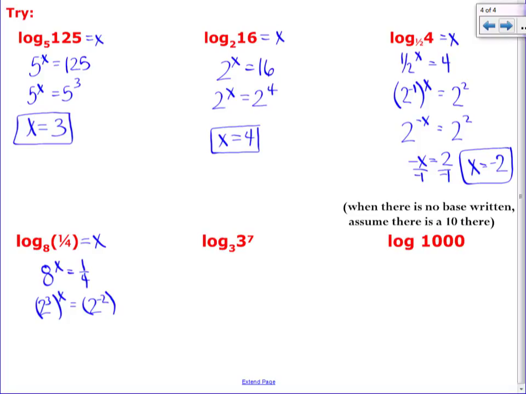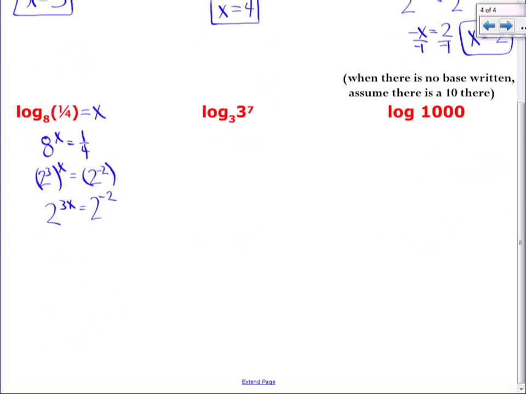Okay, we'll simplify our exponents. Set those exponents equal. And then solve for x. Questions?